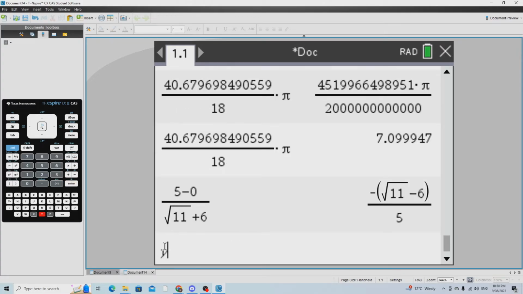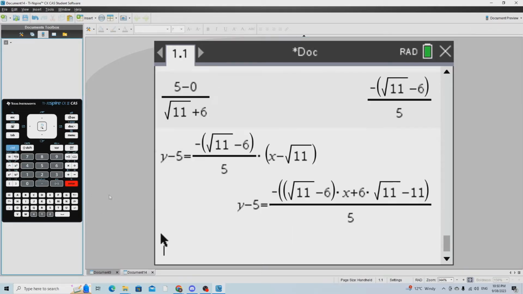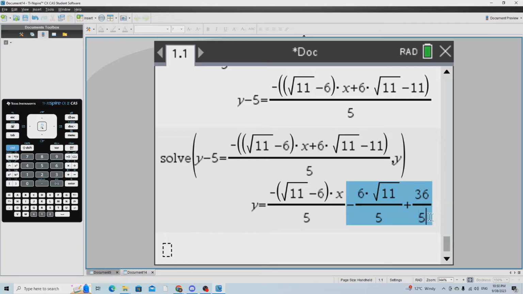So y minus 5 equals this times x minus root 11. So we solve for y. We get this. So this is your y-intercept.